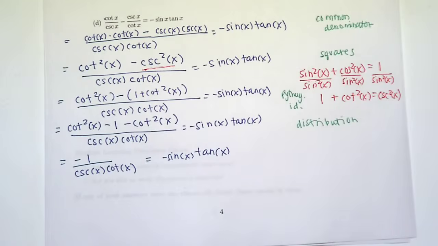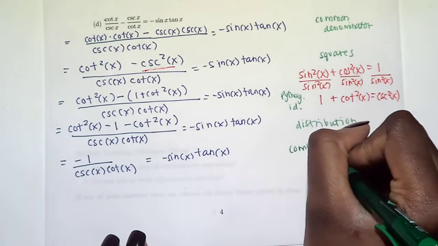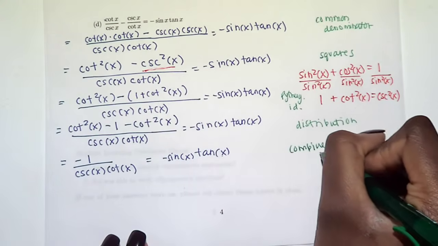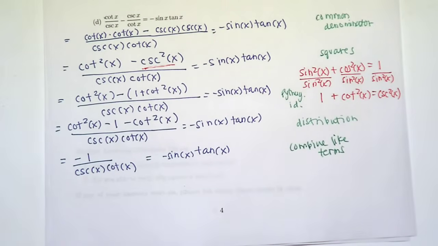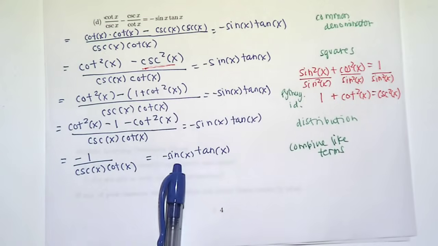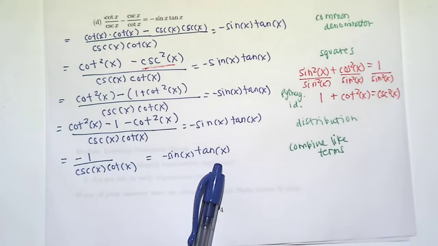So I just combine like terms. So what do you think? Do you think you could handle the next step? Do you see where we're going here? We're trying to get negative sine x, tangent x.